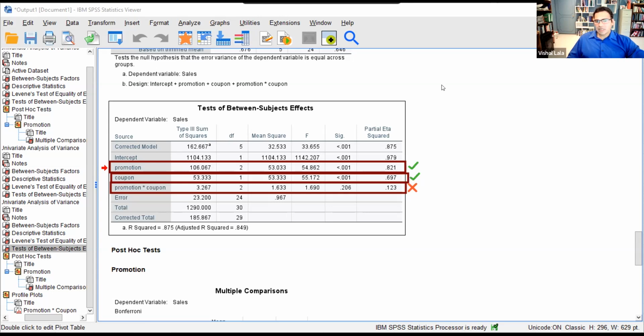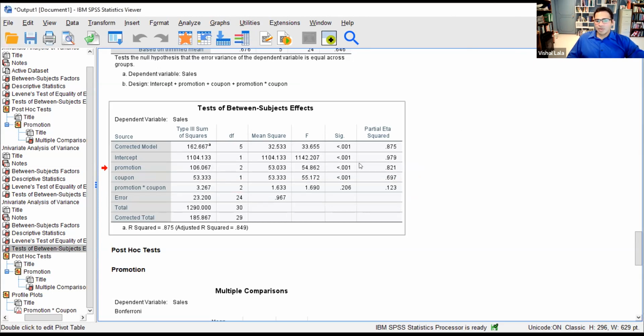Of the two variables, in a statistical sense, you can compare the effect size, the effect that promotion and coupon have on sales, by looking at the partial eta squared. Partial eta squared tells us that promotion with a partial eta squared of 0.821 has a stronger effect on sales than does coupon, which has a partial eta squared of only 0.697.